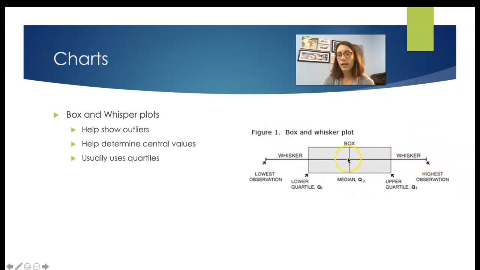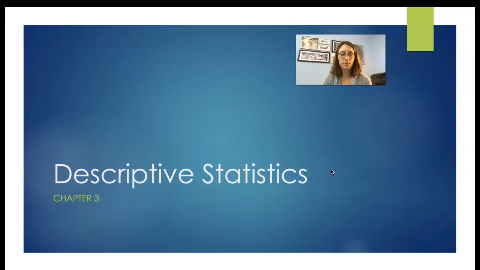And then the box is kind of the median, which is sometimes in the middle, sometimes not. The lower quartile, and the higher quartile. So this box here actually can move back and forth depending on what the actual median number is. And we're going to talk about that here in a second. And that would bring us to chapter 3, which we'll start up here again in a minute.